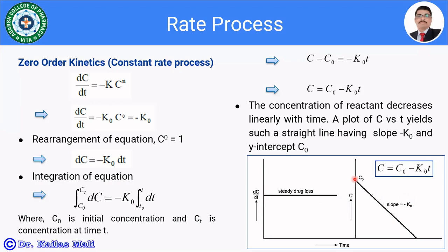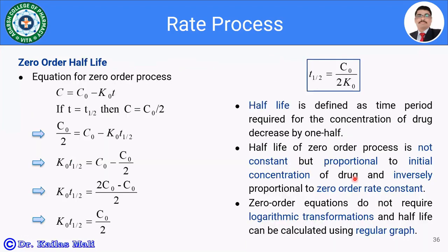Let us see the zero order half-life. As you know, the equation for the zero order process, which we have seen on the previous slide, is C is equal to C0 minus K0 T. So what is meant by half-life?